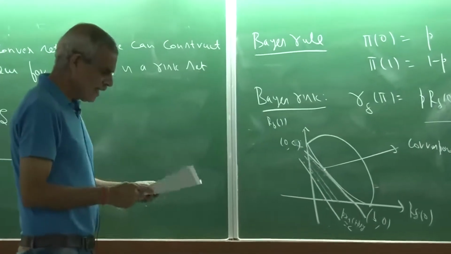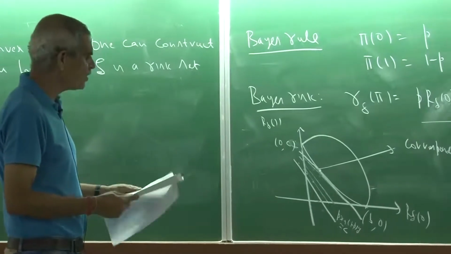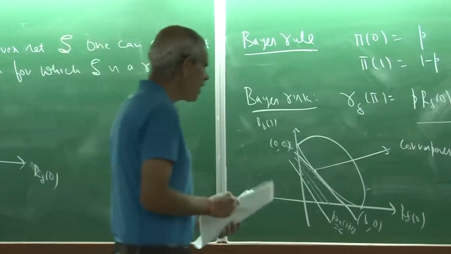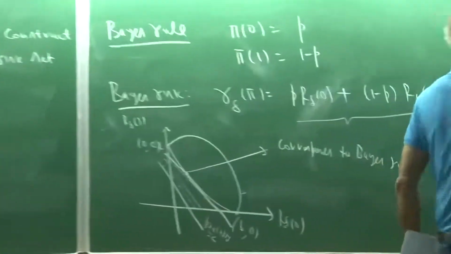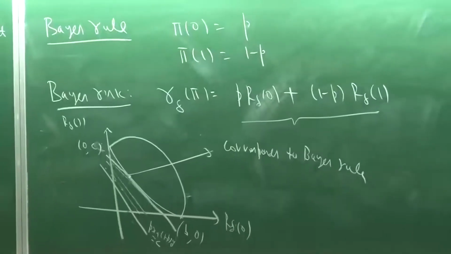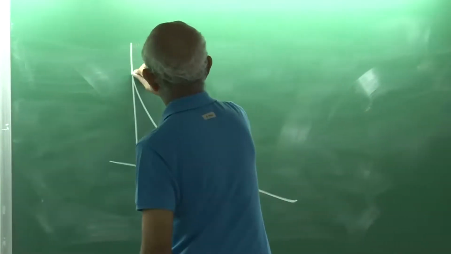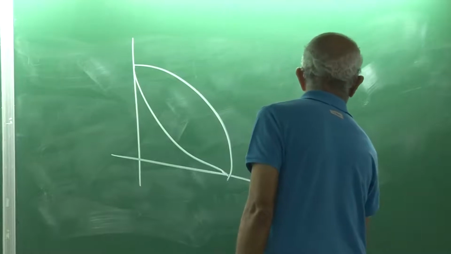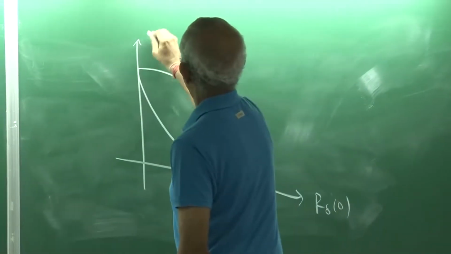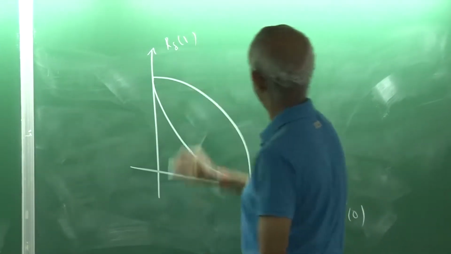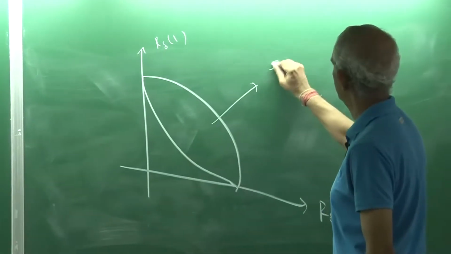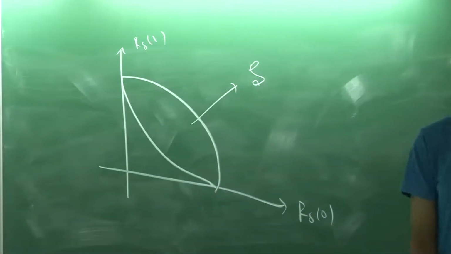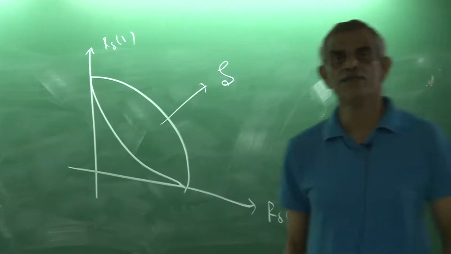Now as I said, you can answer a lot of questions over here. What would be the class of admissible rules over here? Let us look at again the same kind of figure. My risk set is this. This is R delta 0, R delta 1. This is my risk set. An admissible rule is one which cannot be improved.